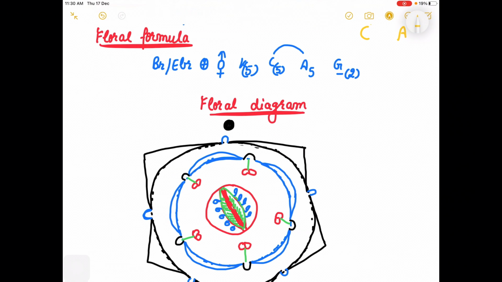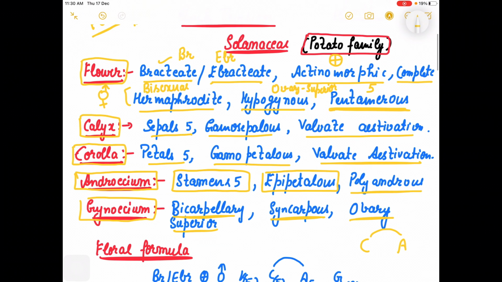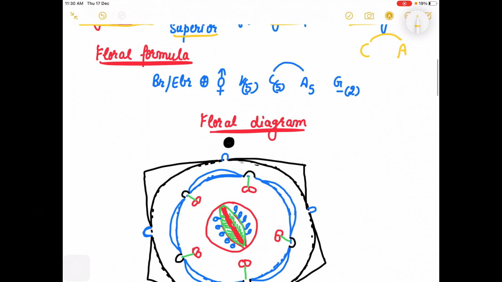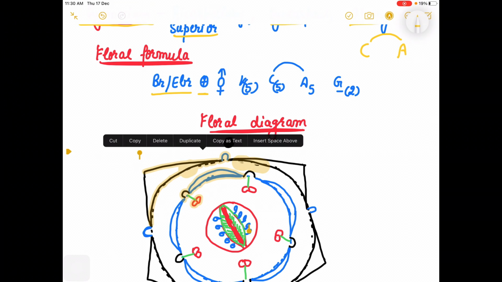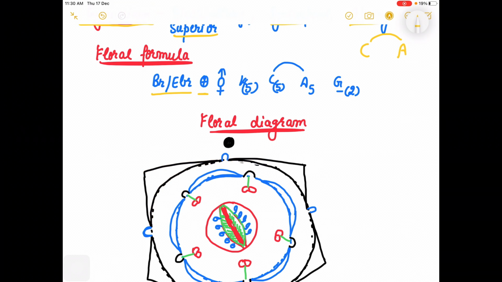Now the floral formula we are going to write here for the Solanaceae family. We have said that the flower can be bracteate or ebracteate, so we are taking here both BR or EBR. Symmetry is actinomorphic, flower is hermaphrodite. Calyx 5 and fused. Corolla 5 and gamopetalous. Androecium, it is 5 but they are free.